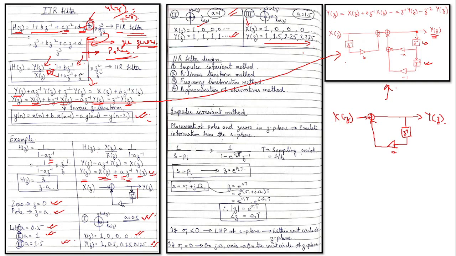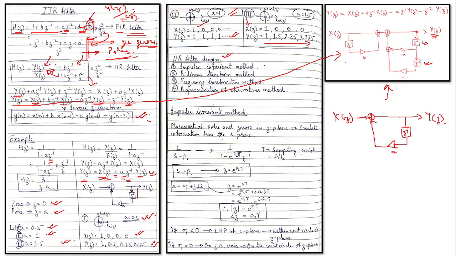When the pole was placed on the unit circle, we got flat amplitude h[n] values. And when the pole was outside the unit circle, the h[n] values were growing out of bound.